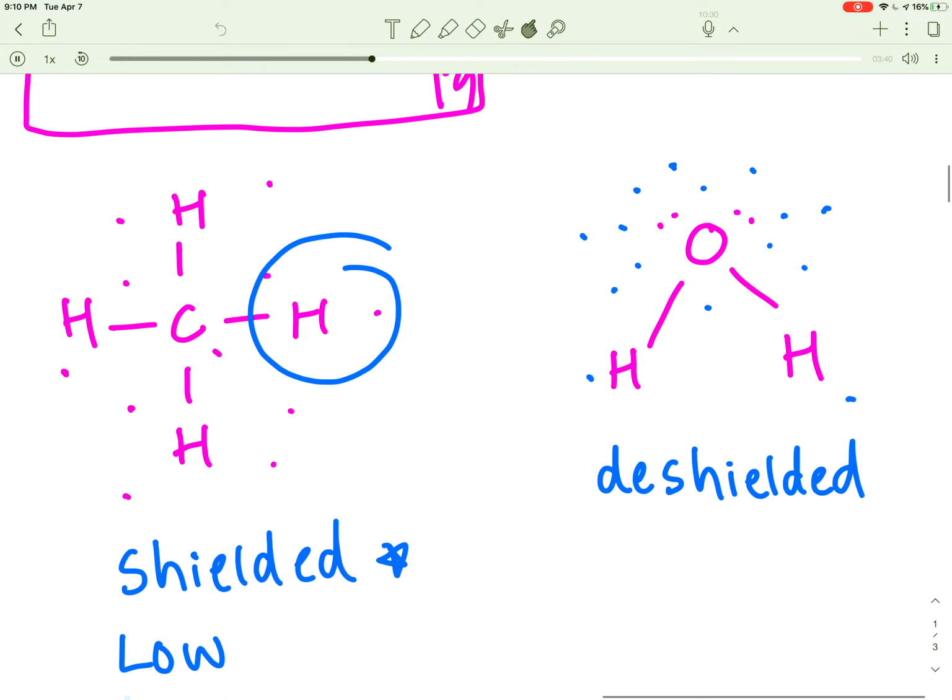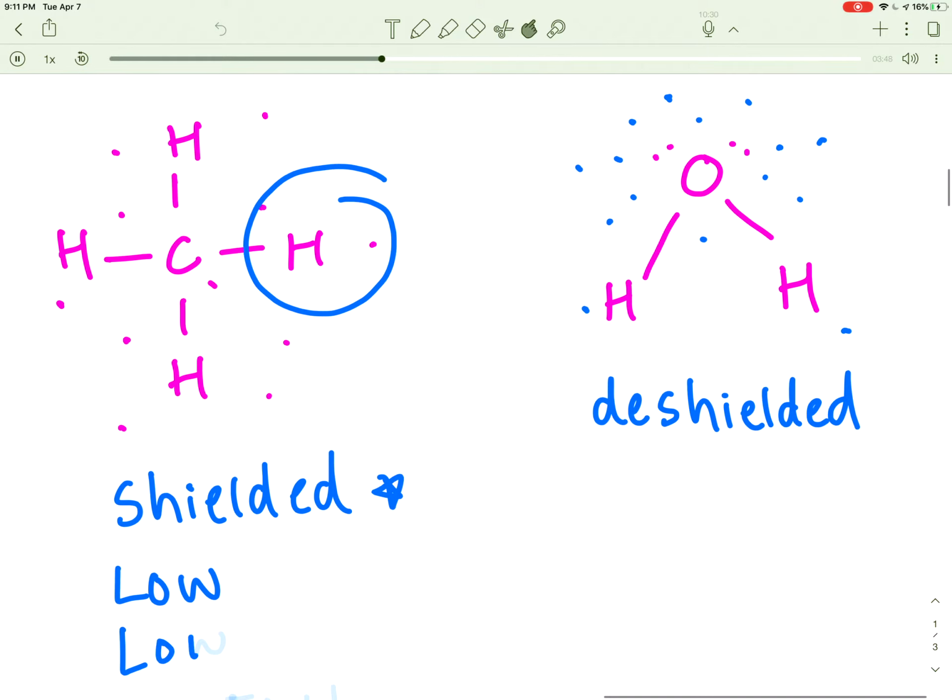What about chemical shift? Is it low chemical shift or high chemical shift? If it is shielded, it's also going to be low chemical shift. What about upfield and downfield? That one can be a bit more confusing, so take a second and think about it. Is it going to be upfield or downfield?